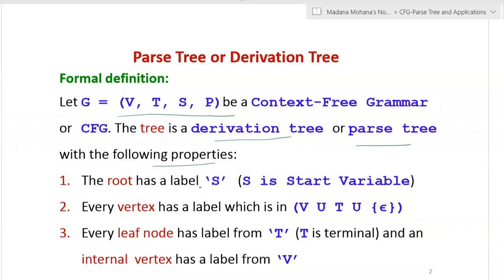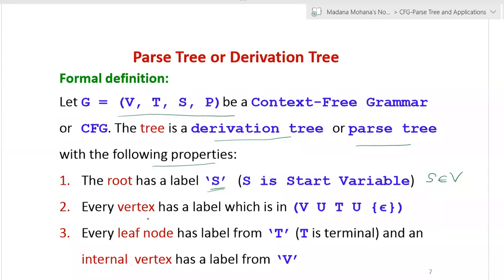The root has a label. In any derivation tree or parse tree, the root should be labeled by the start variable. What is S here? S is the start variable, which is taken from the variables V of the grammar, that is S belongs to V. So the root always has the label S.